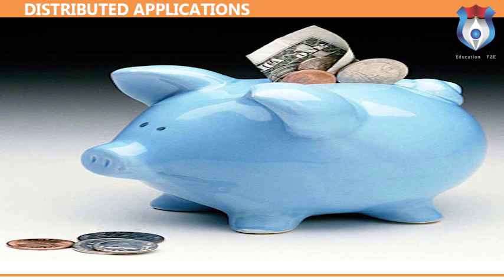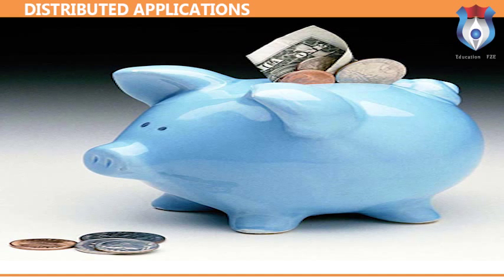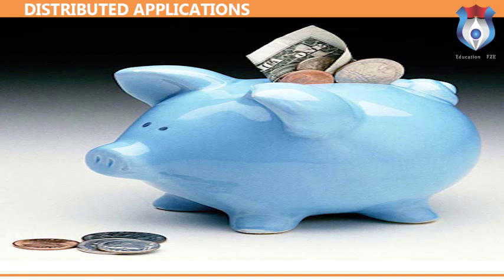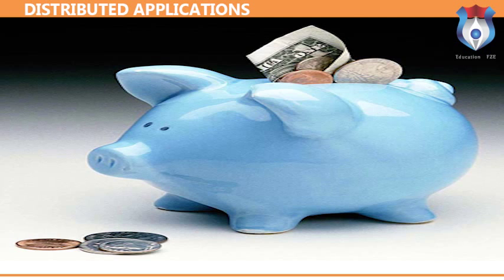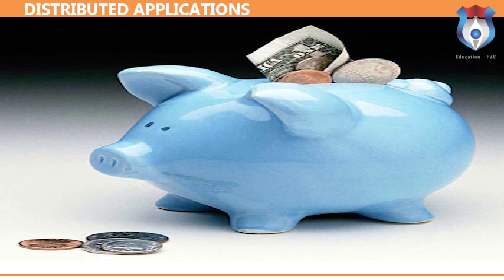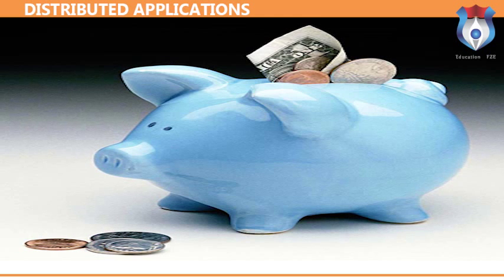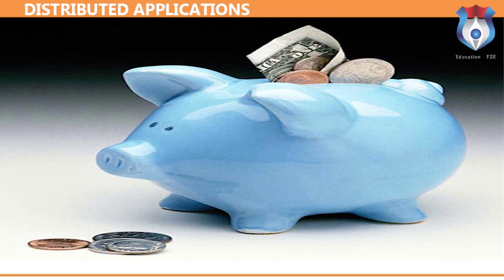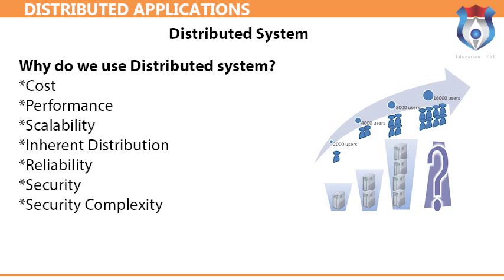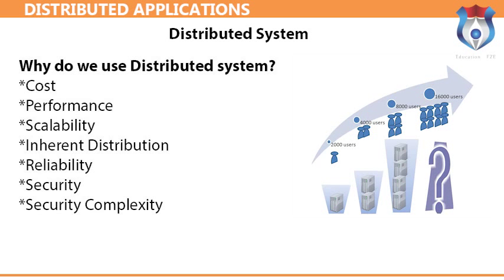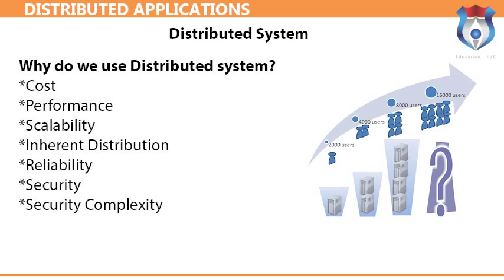Question: why do we use distributed systems? Answer: there are a number of economic and technical reasons that make distributed systems much more attractive than their centralized counterparts. Let us study each one by one. Cost: better price performance as long as commodity hardware is used for the component computers.